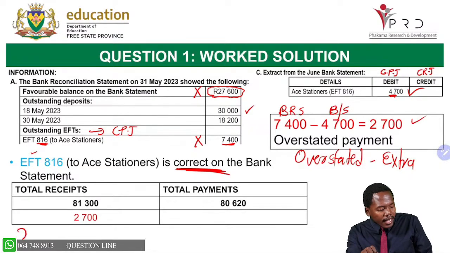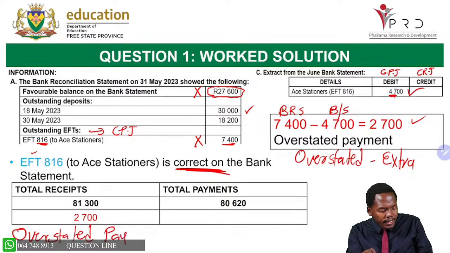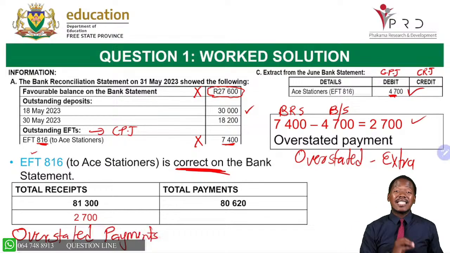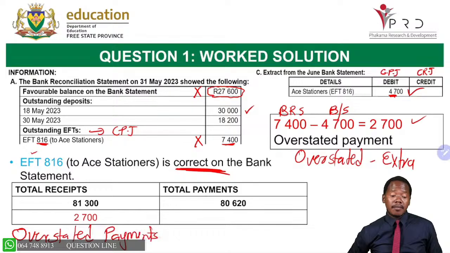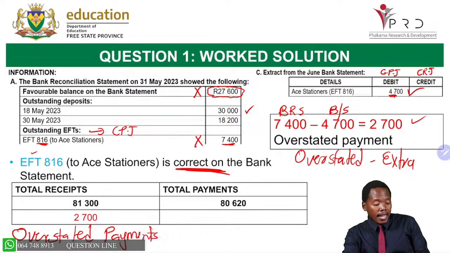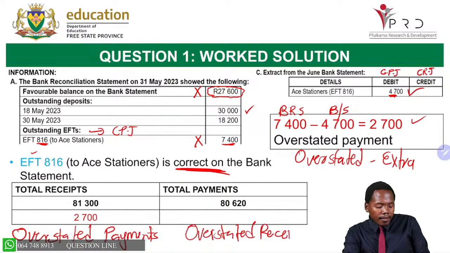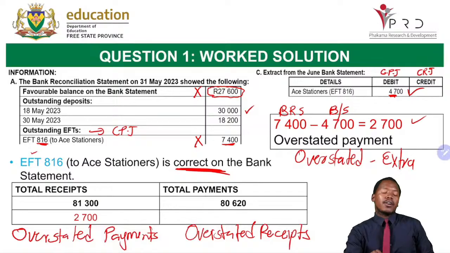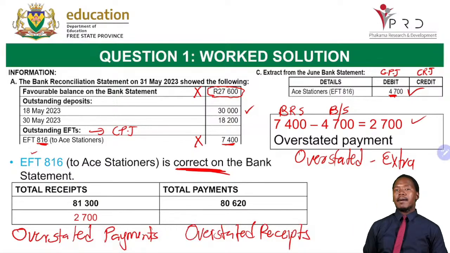All overstated payments, we record them in the total receipts. All overstated payments, we record them in the total receipts. What does it say now? All overstated receipts, we record them in the cash payment journal.